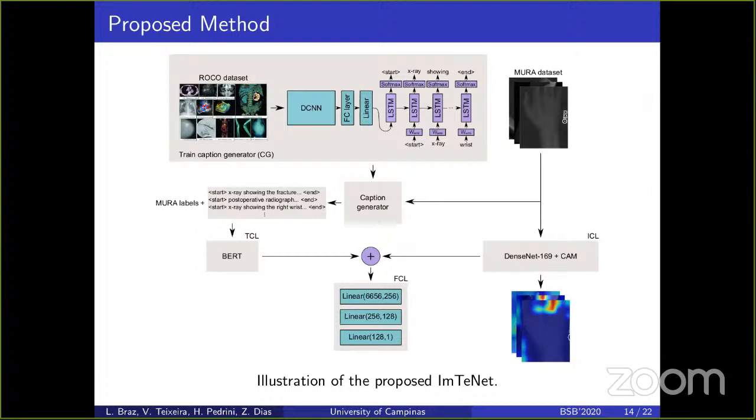Then we also use the image from MURA to generate artificial captions, and we pass these generated captions to the classification on the BERT model. And lastly, we use the features extracted from BERT and from DenseNet, concatenate these features, and use them for the fusion classification level.